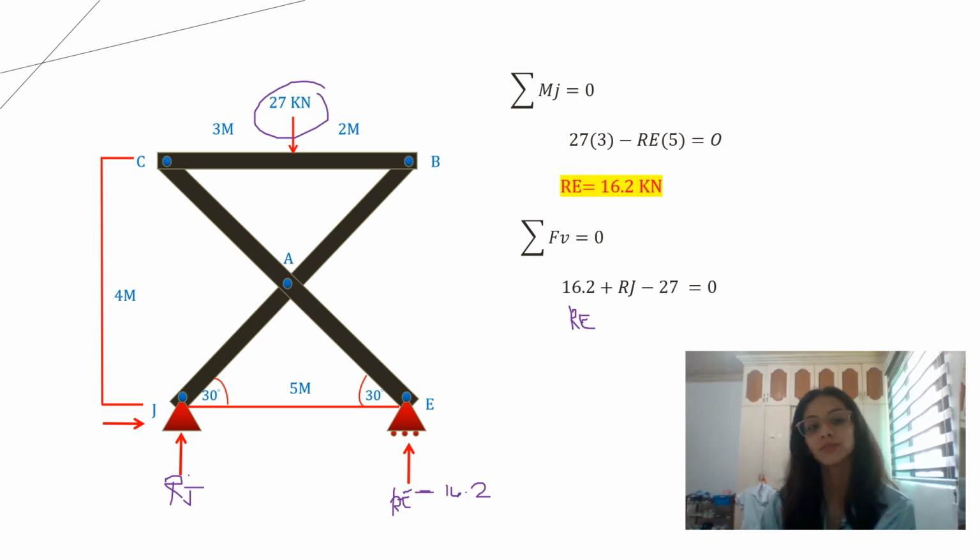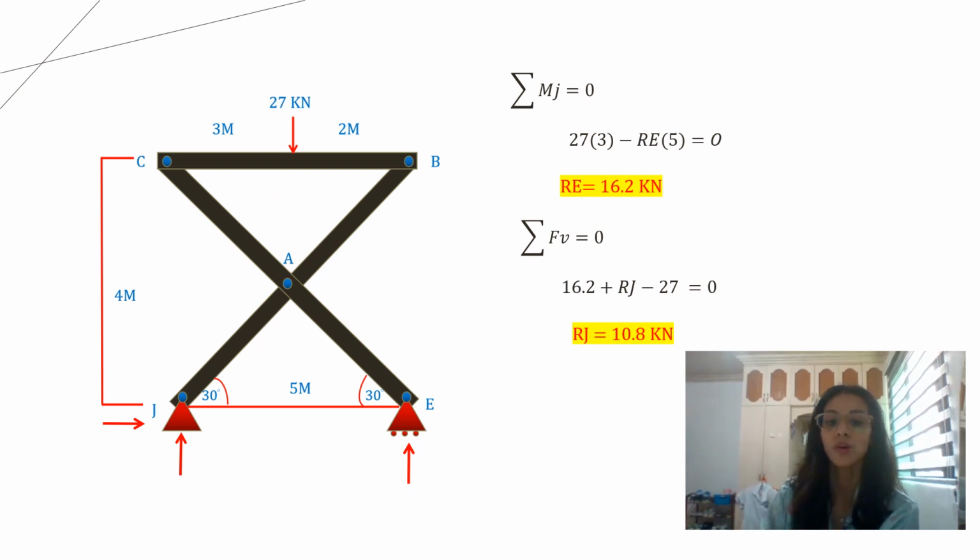It is negative 27 since it points downward. So equals 0, and our RJ is equal to 10.8 kilonewtons.